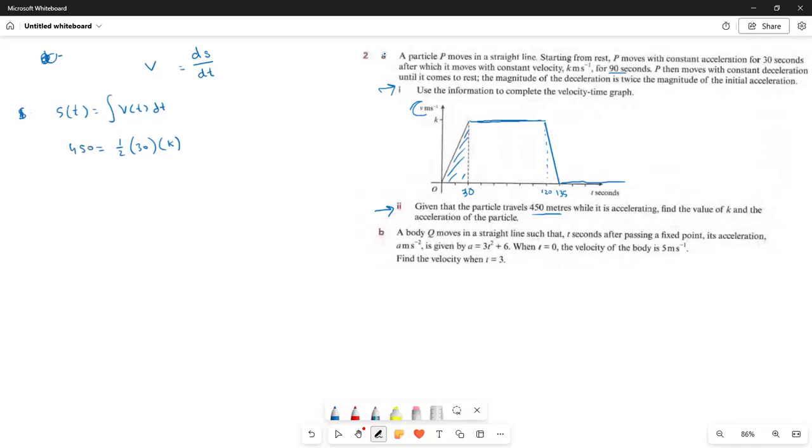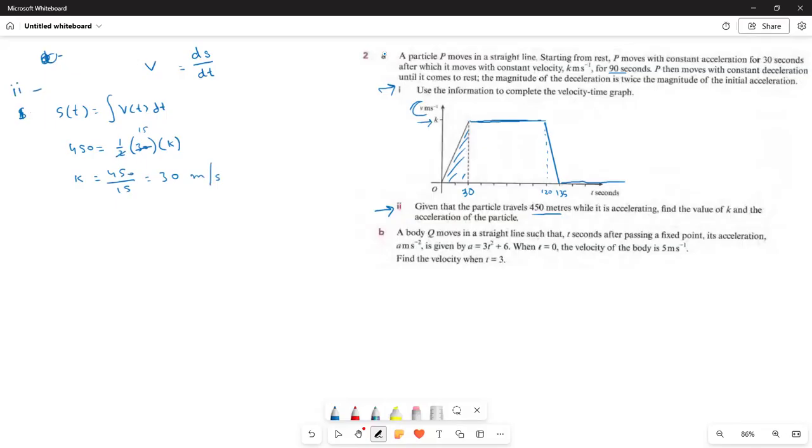So k is 450 over 15, which is 30. The units of k are meters per second because it is the speed on the y-axis. So this was part 2 of this question.